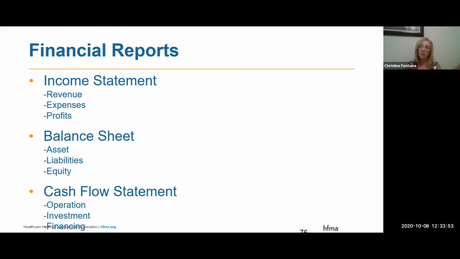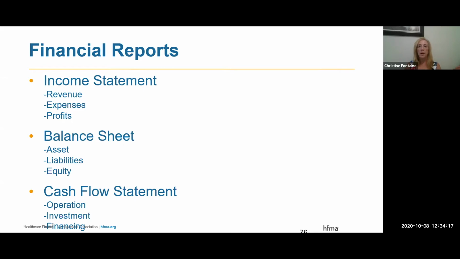The balance sheet is a summary of the organization's wealth as of the date of the statement. It represents the sum of the organization's assets, liabilities, and accumulated excesses from operations less any accumulated losses. And then the cash flow statement is a summary of how cash was used and where it was obtained.